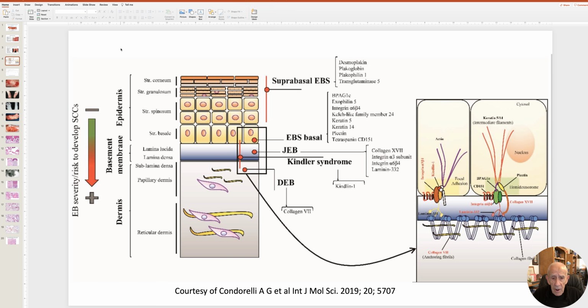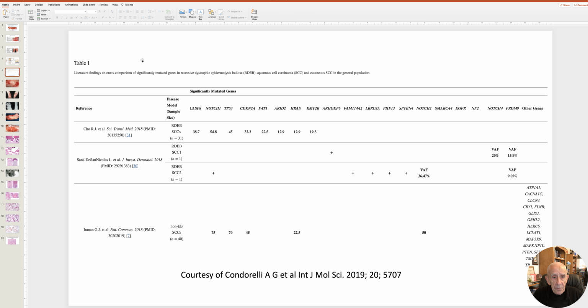I think in one patient we saw a melanoma, but I've no idea whether that was related to the EB or whether it was due to sunlight or whatever.